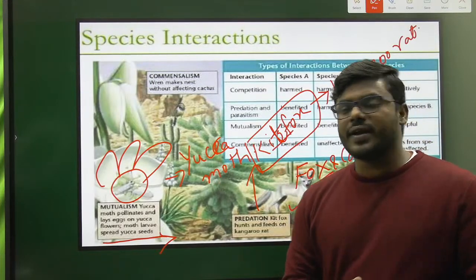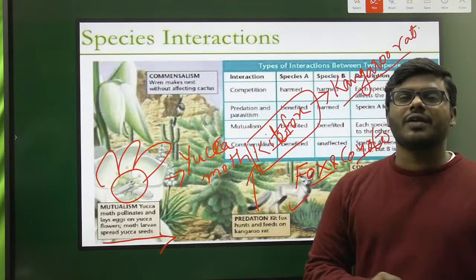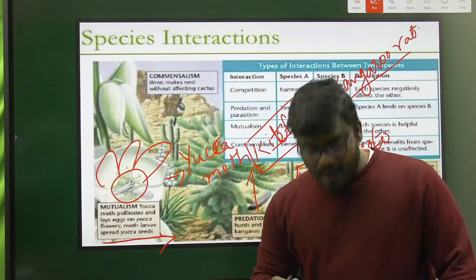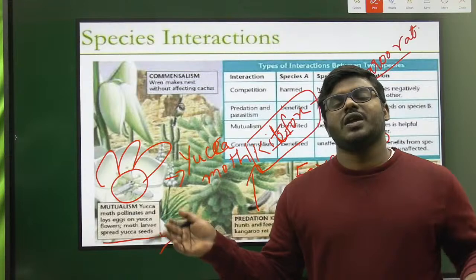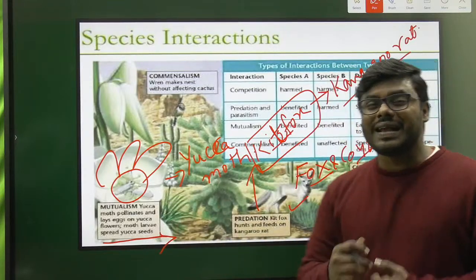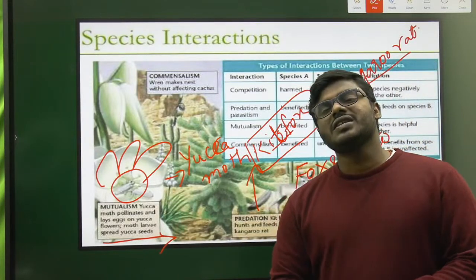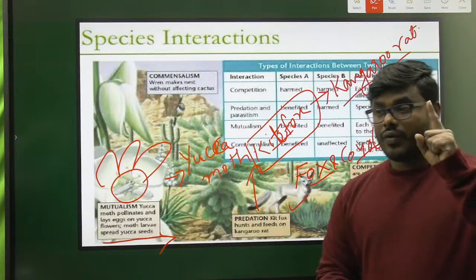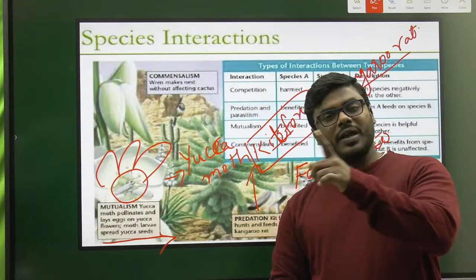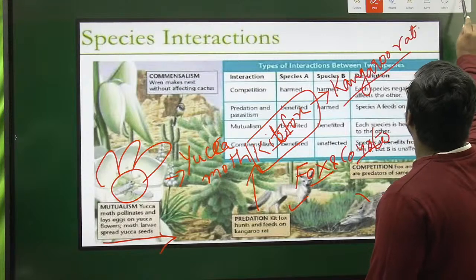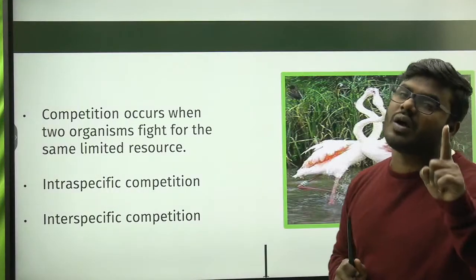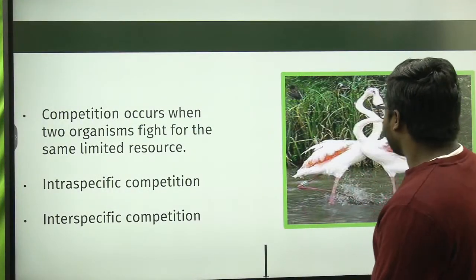And what about the kangaroo rat, which is a small organism and is the prey? Obviously, the prey is going to get killed. So predation is a type of interaction where only one organism is going to get benefited, and the other organism is going to die completely. It is not harmed, it is dead.